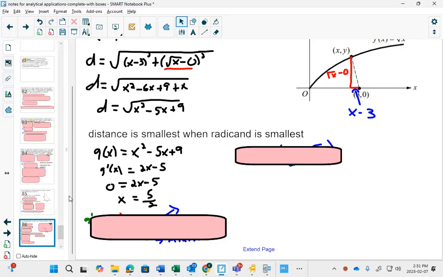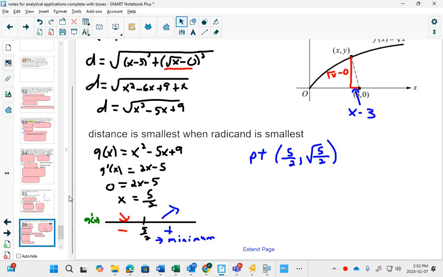So if I just do the inside derivative to make my life a little bit simpler instead of doing it with the outside, I can solve for x being 5 over 2. I can see that that's going to be a minimum. And so the point on our graph that's the closest is at 2.5, comma the square root of 2.5.